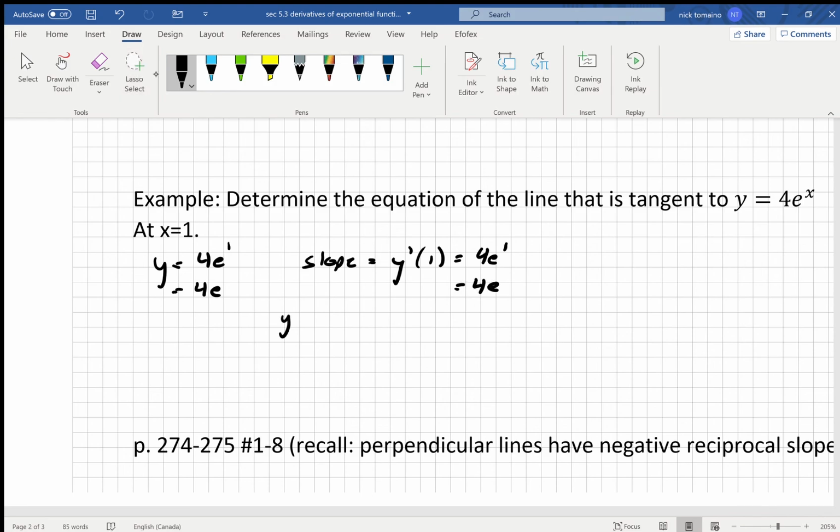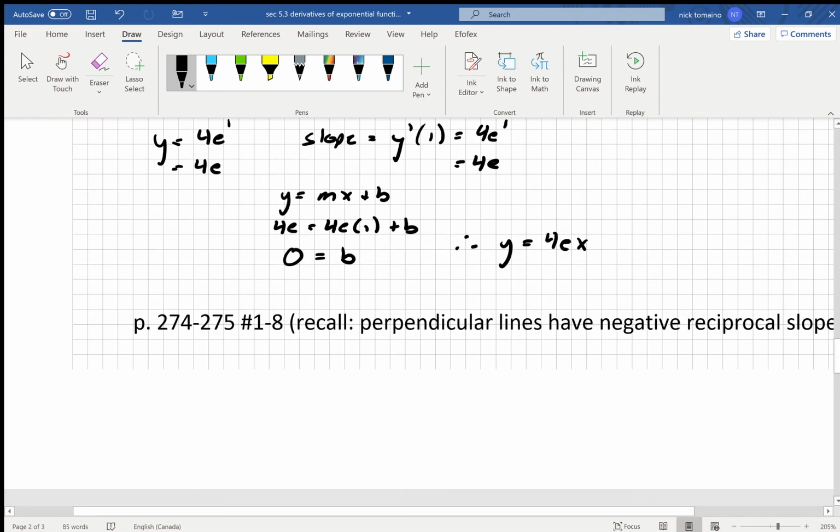So now we figure out our b value. y equals mx plus b. y is 4e, m is 4e, x is 1, plus b, which means 0 must equal b. Therefore, the tangent is y equals 4e x. And that's it.